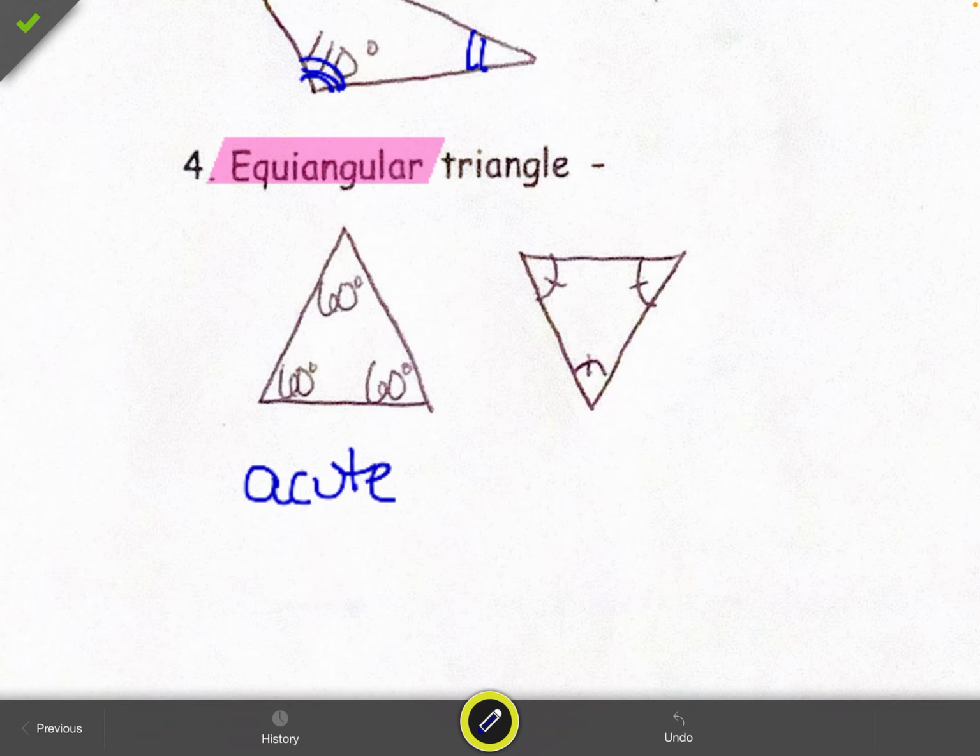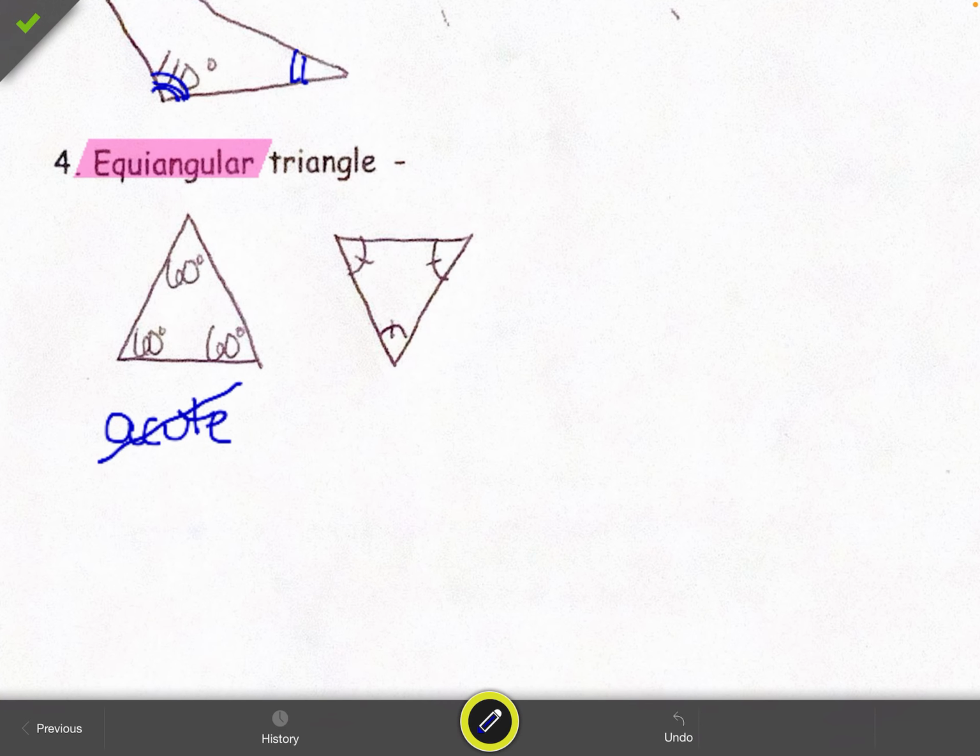But that's not the best name for it. If you were to put that for a picture with 60, 60, and 60, it would actually be marked wrong. Since all 3 angles are equal, you need to call it an equiangular triangle. That's what you have to call it. Yes, technically they're all acute, but since they're all the same, you have to tell us that, and you have to say it's equiangular.